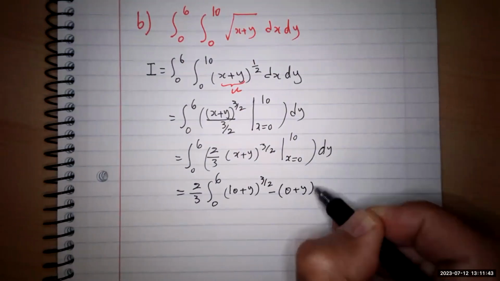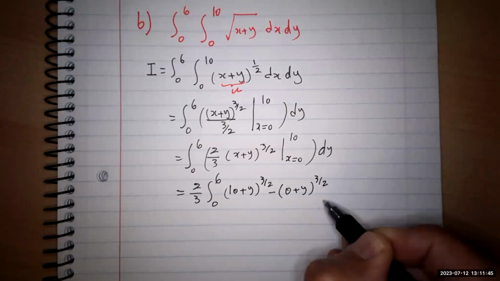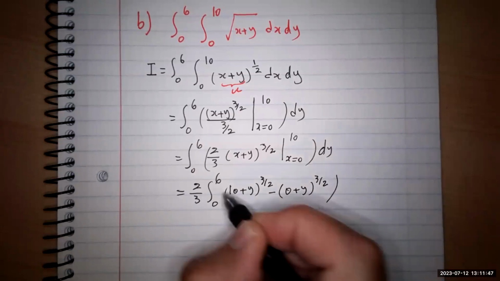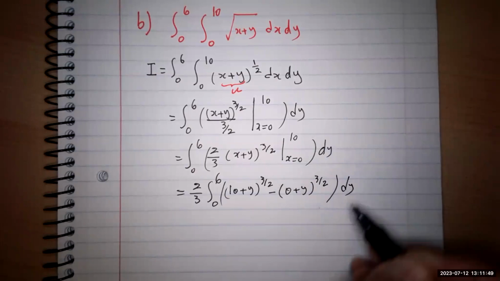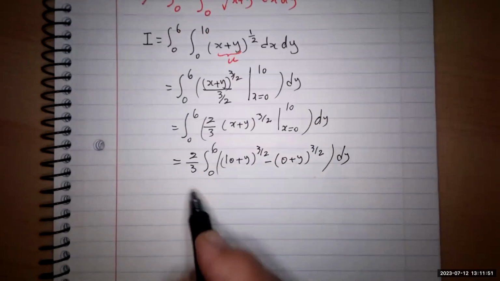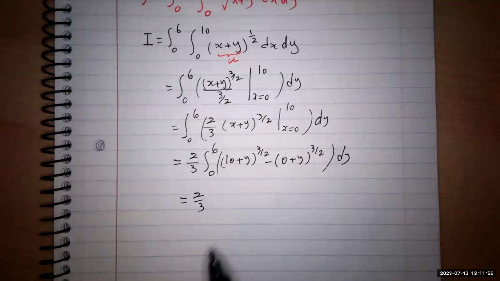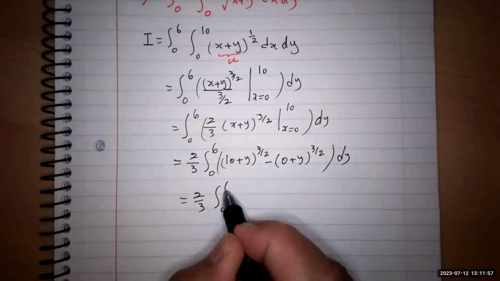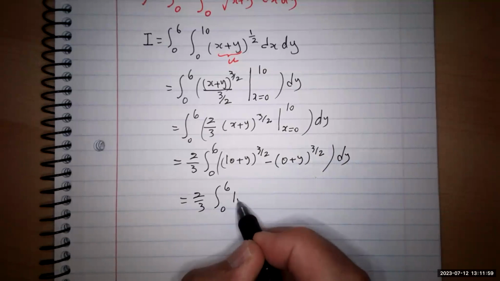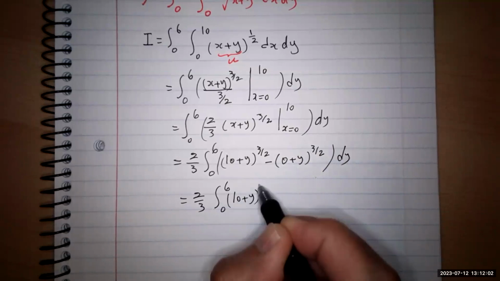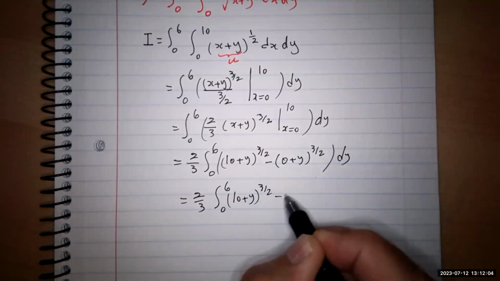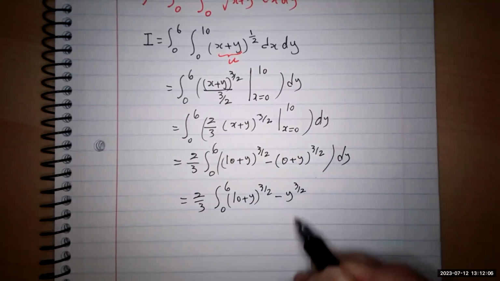I write it down so you know what's going on. Then dy. You cannot simplify it, so this is just 2/3, 0 to 6, and you have 10 plus y to the 3/2 minus simply y to the 3/2.